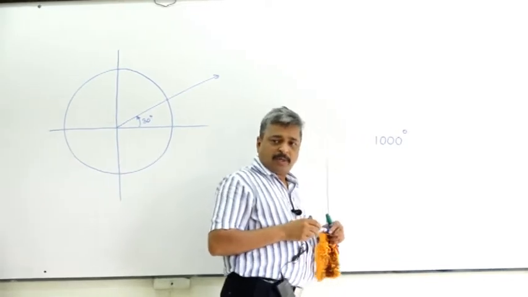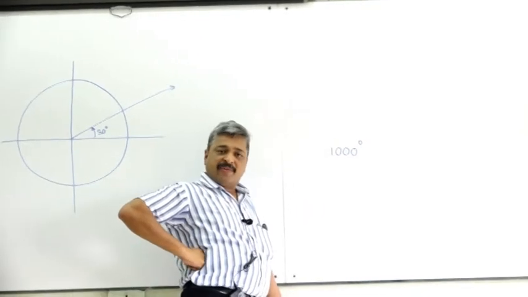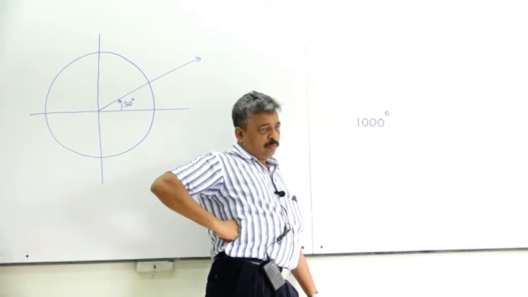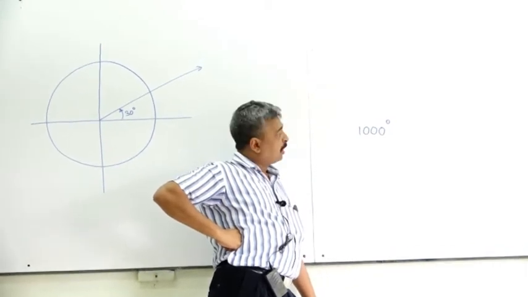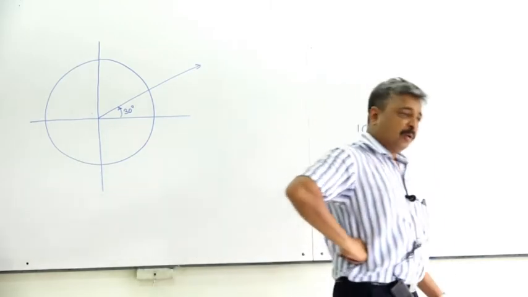How will we find out the terminal ray position of this angle? I want to draw an angle whose measure is 1000 degrees. Suppose I want to actually draw that angle. How will we do that?